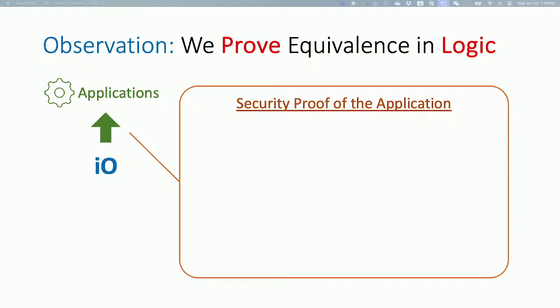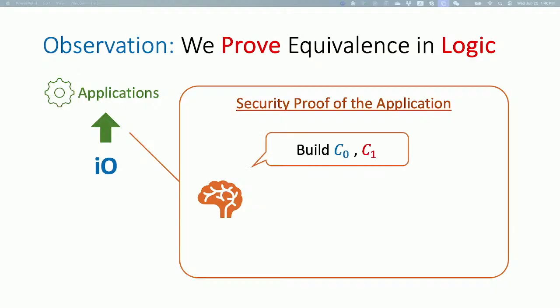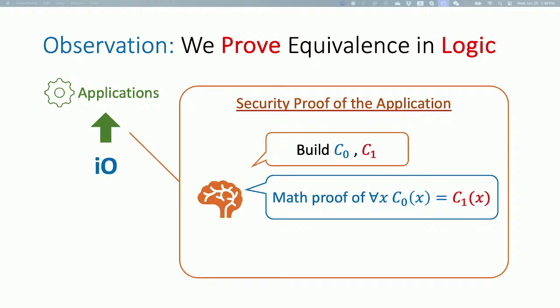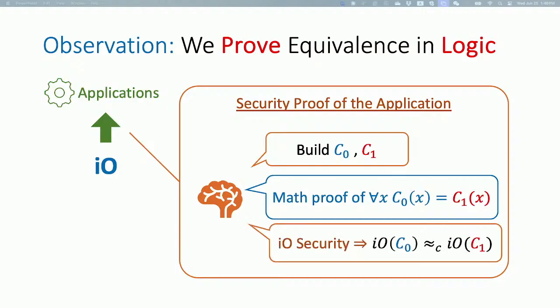In the security proof, usually we will come up with two circuits, C0 and C1, and then we will write down a mathematical proof to convince ourselves that these two circuits are functionality equivalent. Once we have the functionality equivalence, we can apply the indistinguishability of I/O to argue the I/O of C0 is indistinguishable from I/O of C1. And then we can apply this indistinguishability to prove the security of that application.